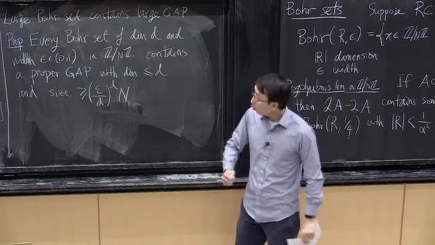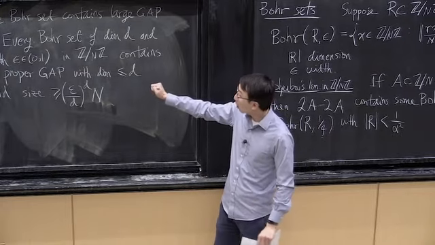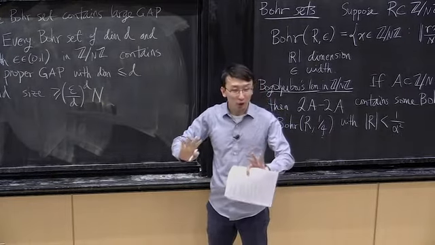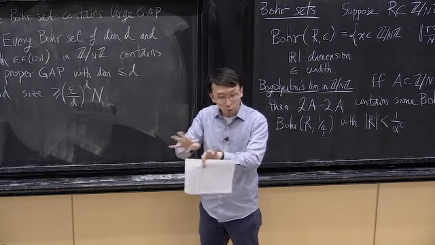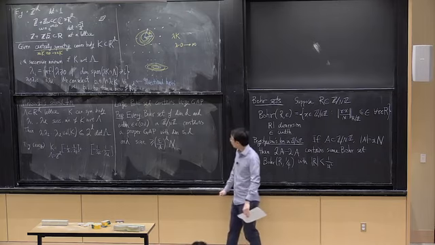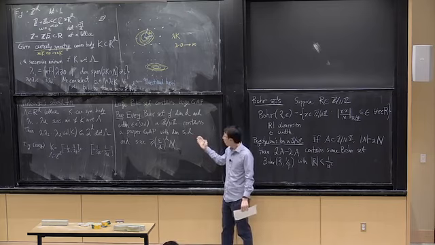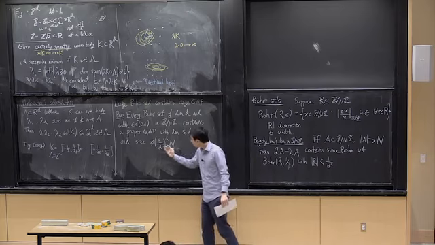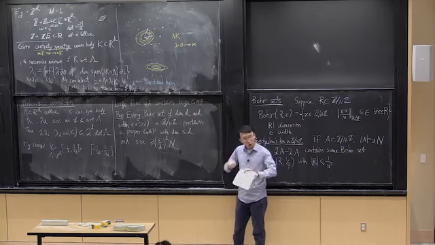And this proposition will tell us that inside this 2A minus 2A, we will be able to find a very large proper GAP. Proper means that in this generalized arithmetic progression, all the individual terms are distinct, or you don't have collisions. So you're going to find this proper GAP that is constant dimension and at least a constant fraction of the size of the group. Okay, so pretty large GAP.